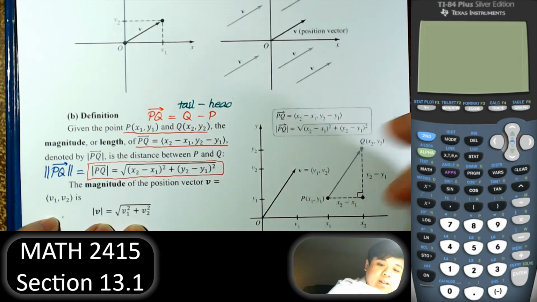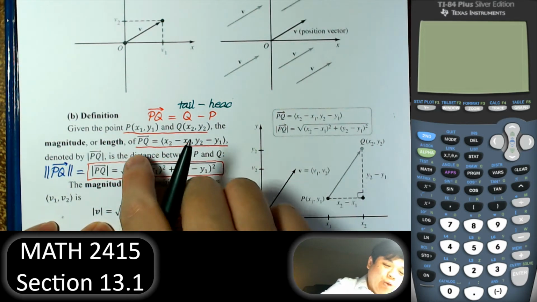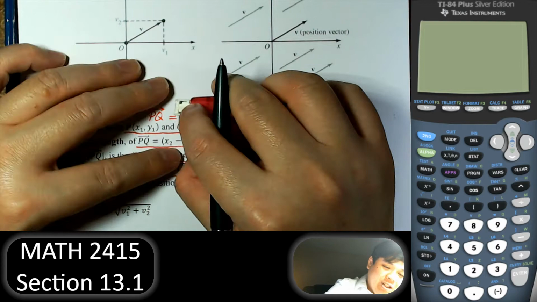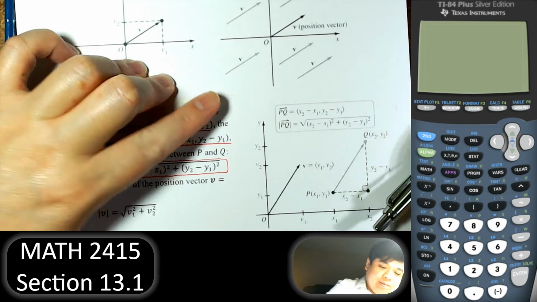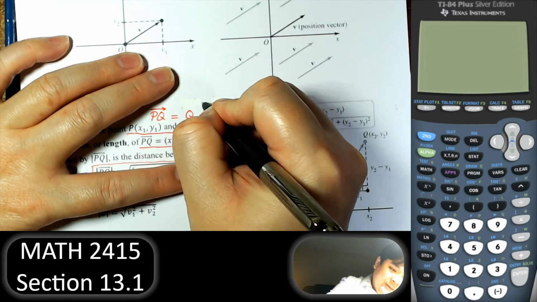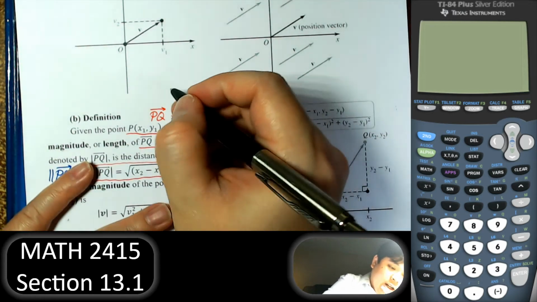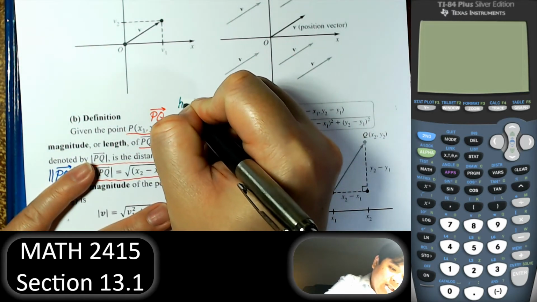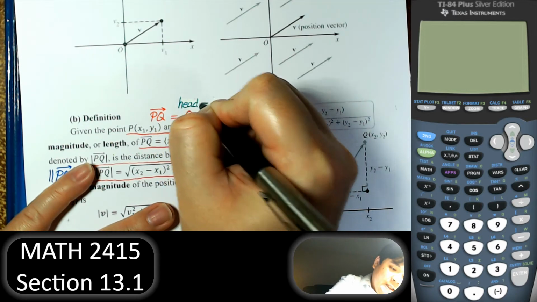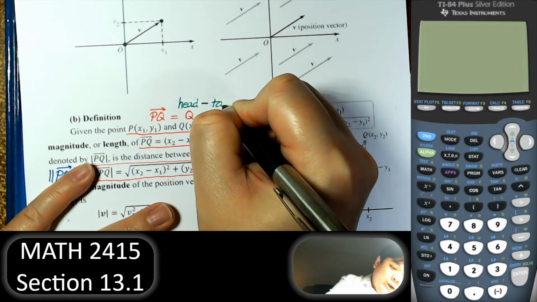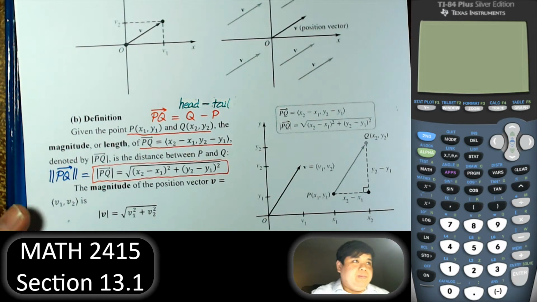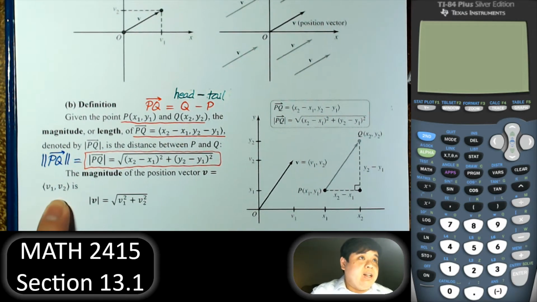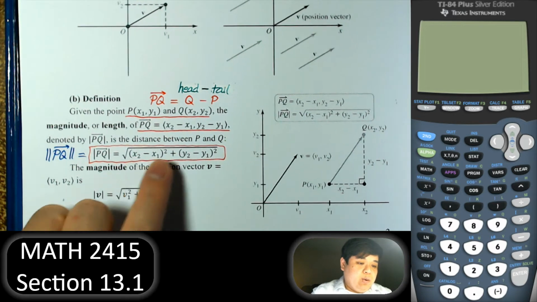I got them backward. So we go from P to Q. So Q is the head. So the head minus the tail point. Right. Head minus tail.